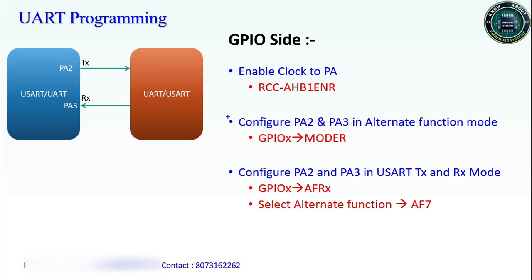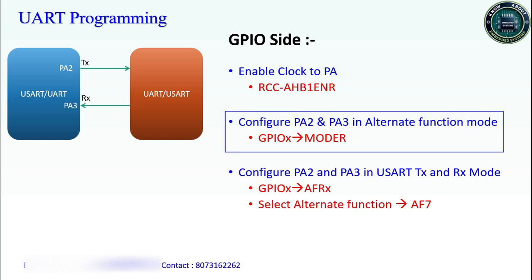Second important thing, we have to configure your mode register. Now PA2 and PA3 we are going to use in UART or USART mode, right? In order to configure your UART or USART, first of all you should put PA2 and PA3 port pins in alternate function mode.